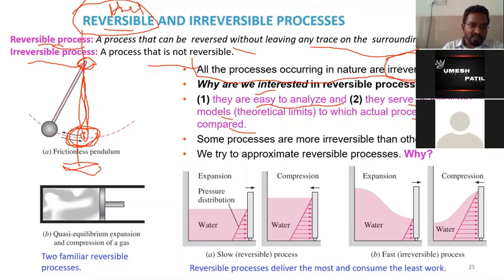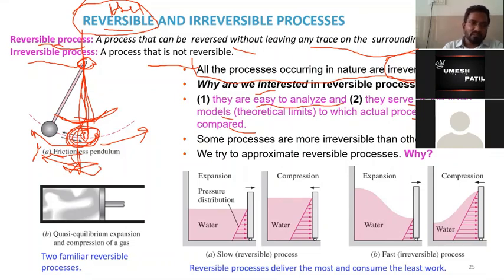Now, if I disturb its position, if I pull it in any direction, let it be in this direction or this direction, and if I release it, what will happen? It will start oscillating. If I consider this as the initial distance, then that distance will keep on decreasing, and finally it will settle in this position where this rod is going to be vertical and the ball is exactly below the pivoted point, right?